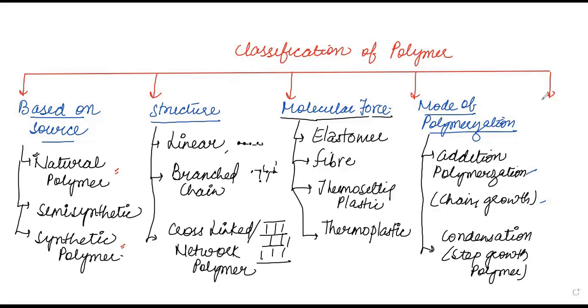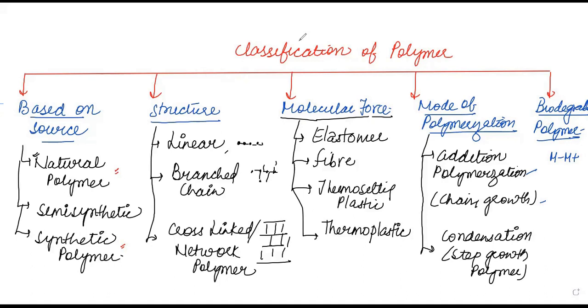One more category is the biodegradable polymer, which may not be written in your books. Biodegradable polymer means you are joining monomer units and it is biodegradable, it can decompose easily. So this is all about the classification of the polymer.